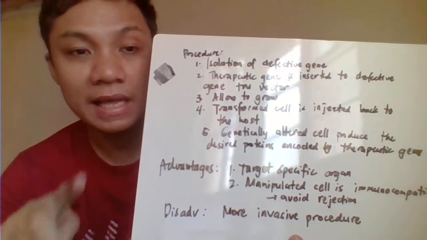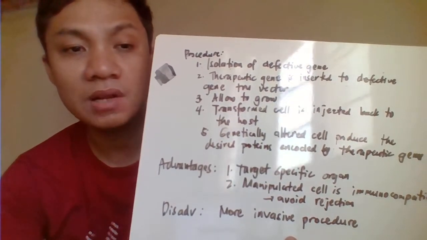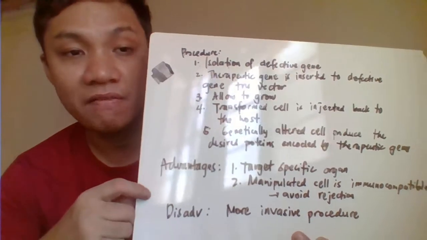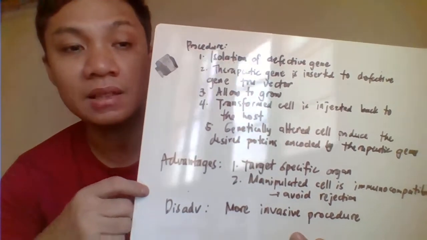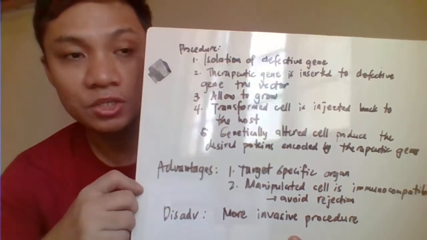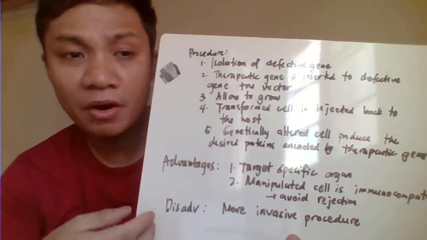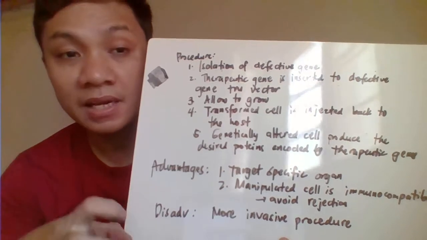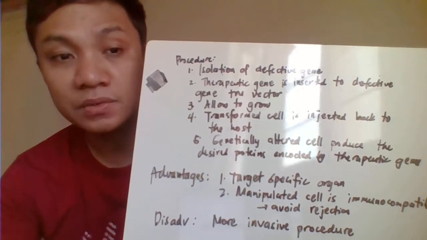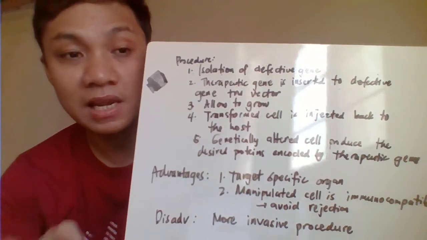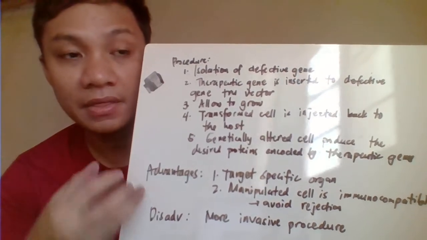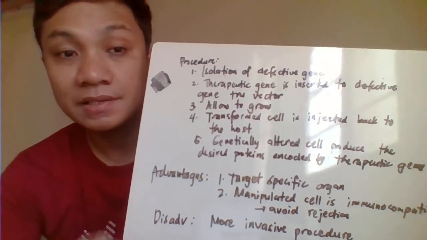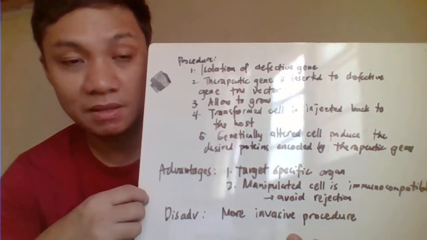Another one, HLA or human leukocyte antigen. Those are very important factors to consider for the success of your transplantation. Why immunocompatible here? Because you take the defective gene from the host, put it in the laboratory, add a therapeutic gene, and it transforms, meaning they are compatible.